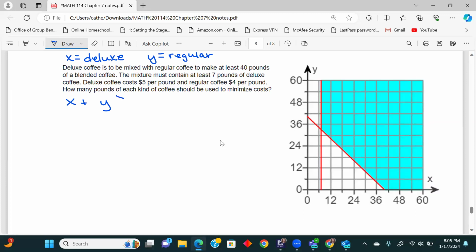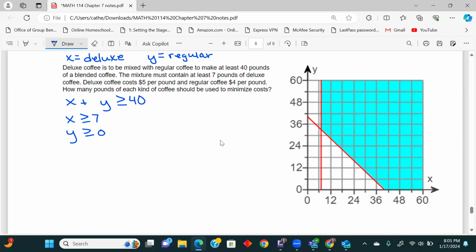So the amount that we make needs to be greater than or equal to 40. The mixture must contain at least 7 pounds of the deluxe, so X has to be greater than or equal to 7. They didn't tell us regular, so that means the regular coffee has to be greater than or equal to 0.